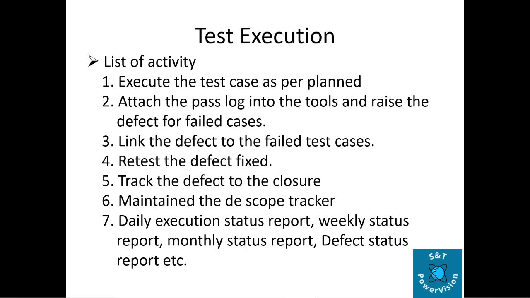And after that, in the last, we prepare the daily execution report, weekly status report, monthly status report, defect status, D-scope tracker, or the list of any issues which we are facing, like access issues, or suppose we wanted some variable to be there, but that is not maintained. So those things should be maintained properly here.